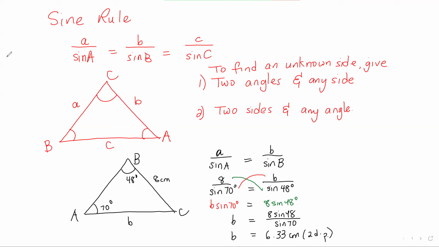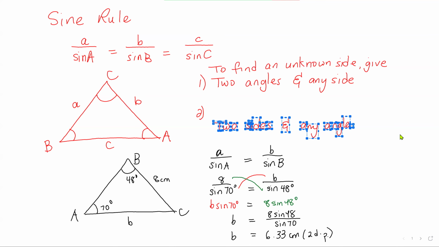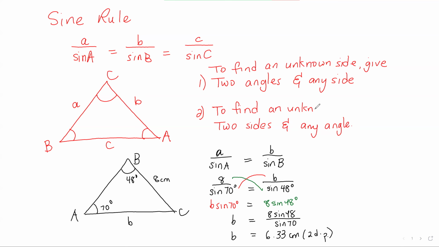And then the second situation is if you need to find a missing angle, so an unknown angle, given two sides and any angle.